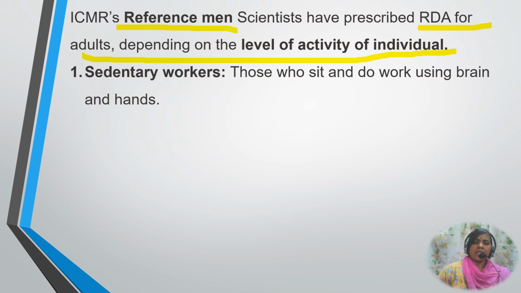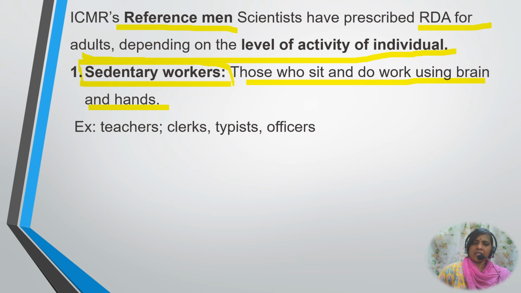See, there are sedentary workers. Sedentary workers are defined as those who sit and do work using brain and hands, so not much physical activity. That is why it is grouped as sedentary workers. For example, teachers, office clerks, typists and officers who don't do much physical activity for the entire day, right?